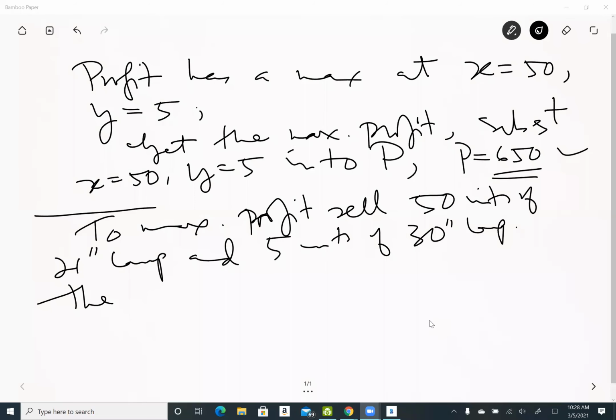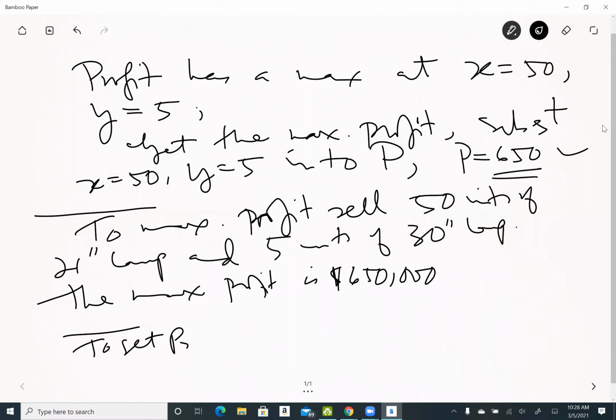So the maximum profit is $650,000 because the unit of the profit is in thousands of dollars. So the last part that you can do is find the price.